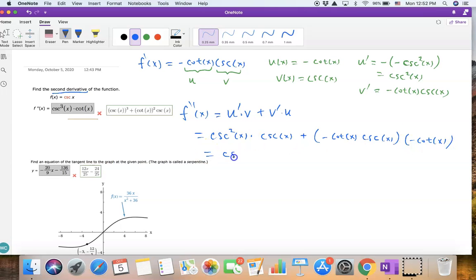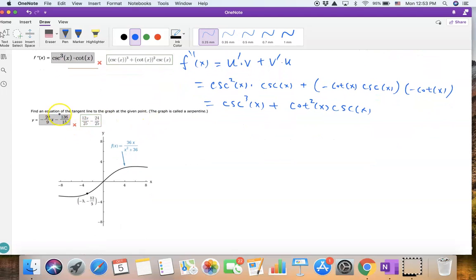So you get cosecant cubed x, and negative times negative is positive, plus cotangent squared x times cosecant x. So that's the answer.